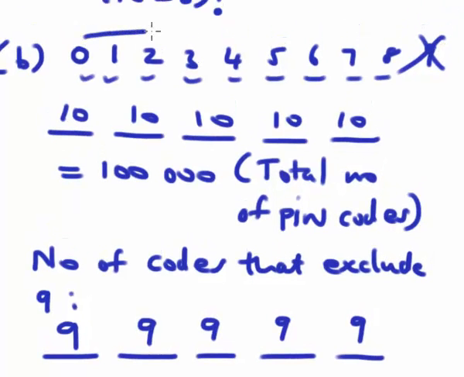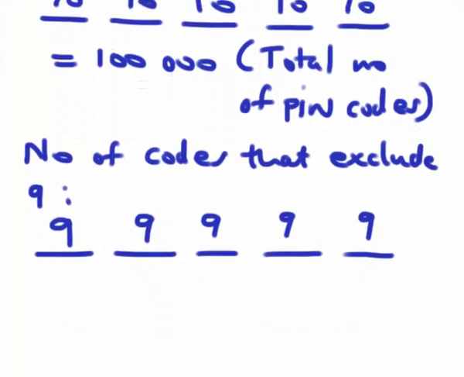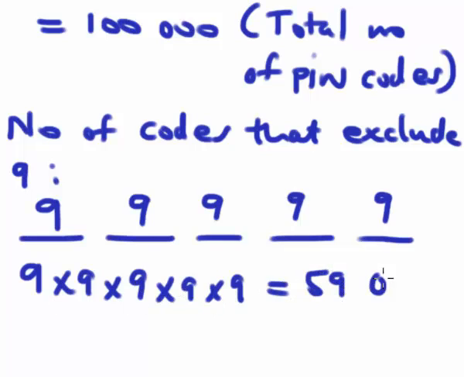There's 9 digits left if you exclude the number 9. So how many would we then have here? 9 times 9 times 9 times 9 times 9. If you multiply all that together, you're going to get 59,049. So that's the total number of codes that do not have 9 in it.